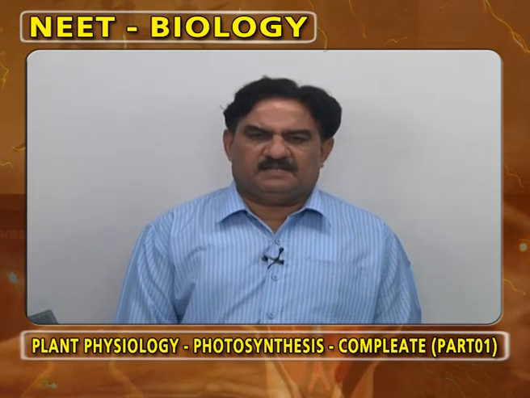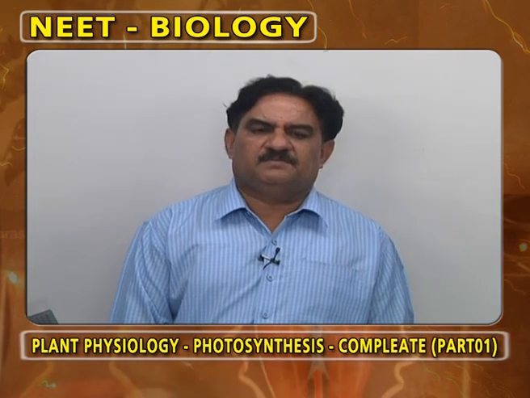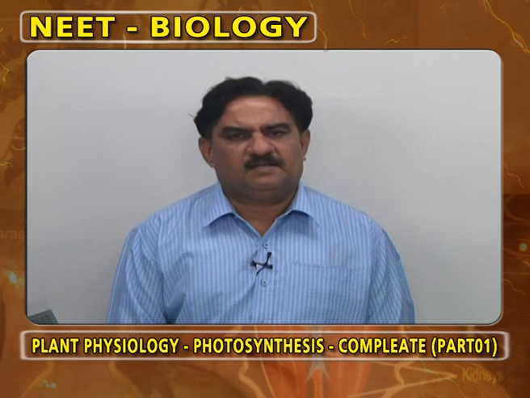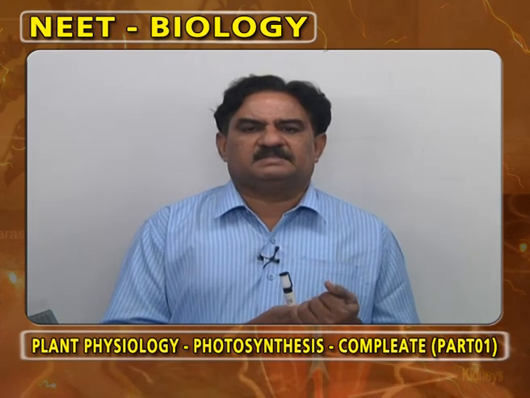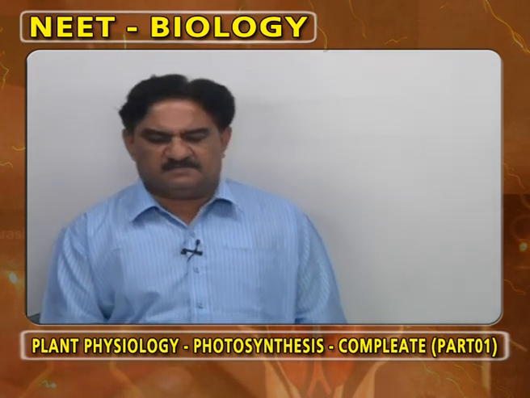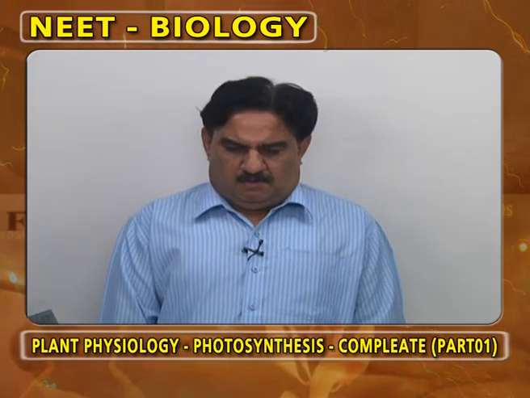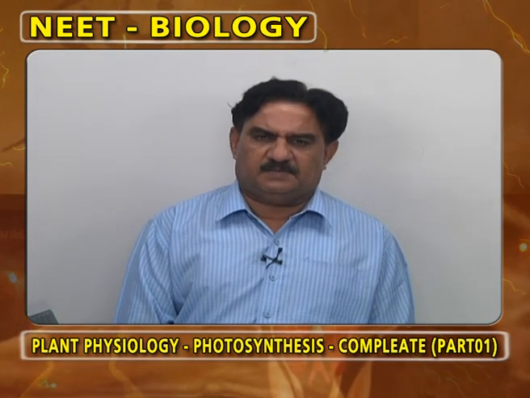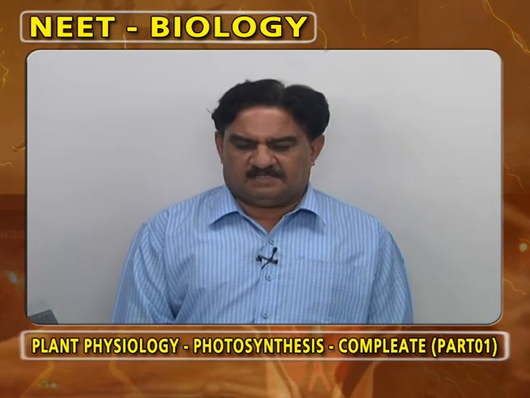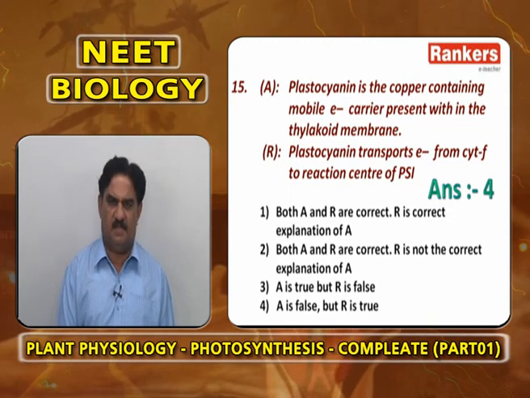The electrons move from water to PS2, PS2 to pheophytin, pheophytin to the quinone cycle, to cytochrome b6, and cytochrome b6 to cytochrome f. From cytochrome f plastocyanin takes the electrons to PS1, which is correct. So plastocyanin being present within the thylakoid membrane is wrong. It is not present within the thylakoid membrane.